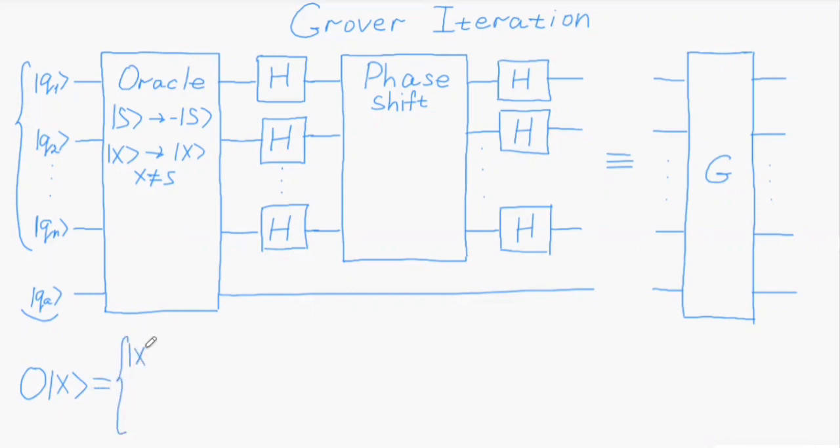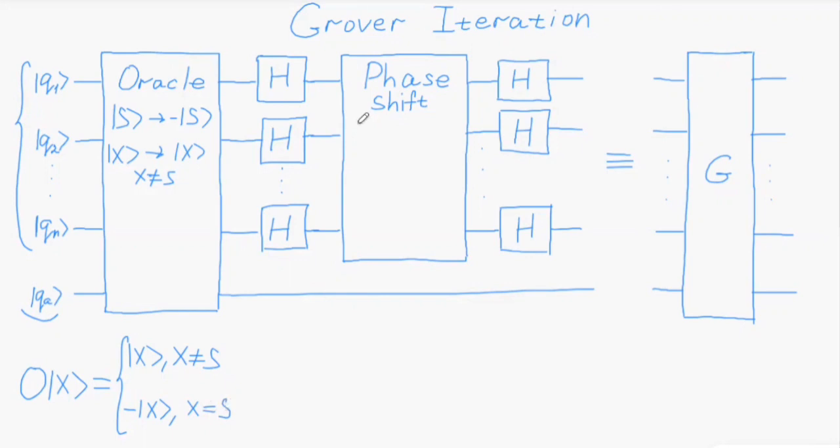It is equal to X if X is not equal S, and it is equal to minus vector X if X is a solution. So this is the oracle.